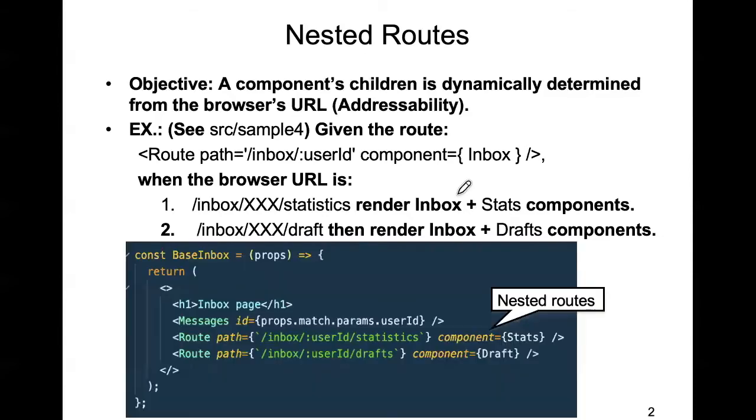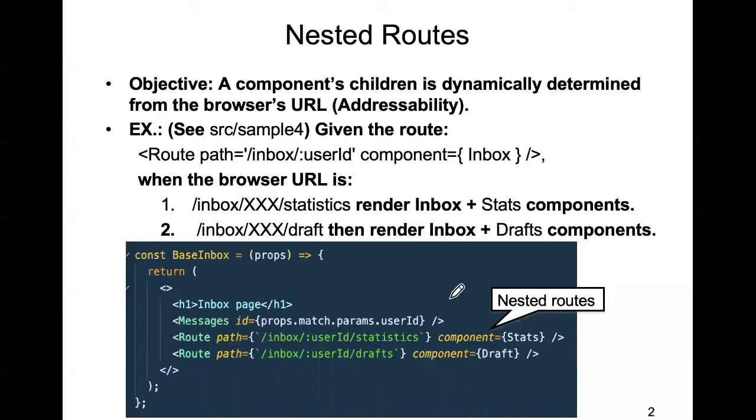And so the way it works is that in our inbox component, we can include route entries within an ordinary component. Hence, we refer to these route entries as nested routes. And in the nested route, again, you give the full absolute URL, and you specify the new component that you want to have mounted. So it's as simple as that, really.